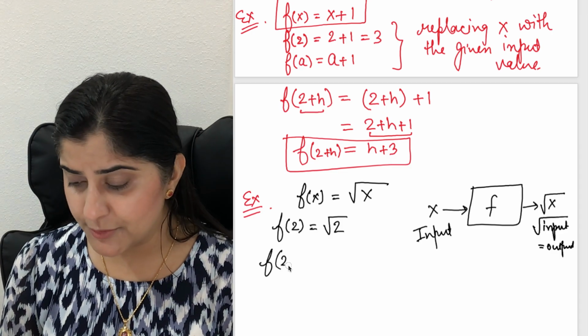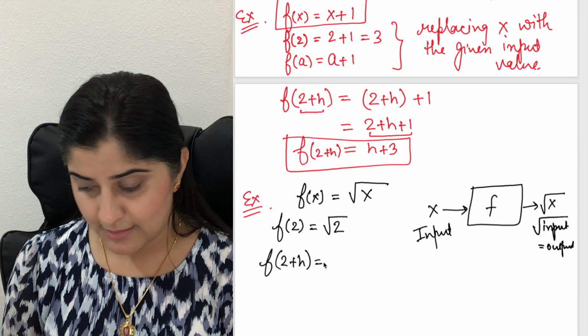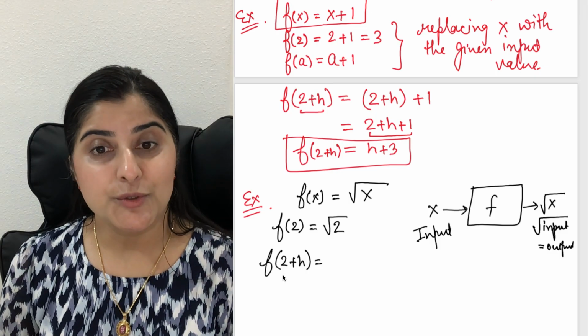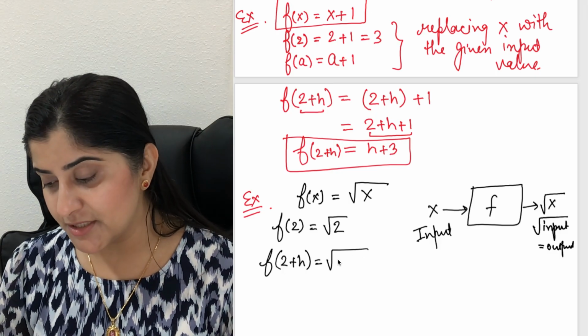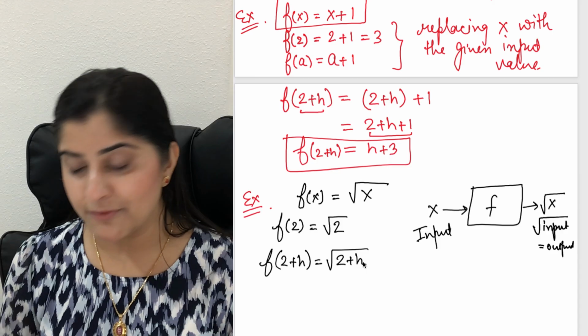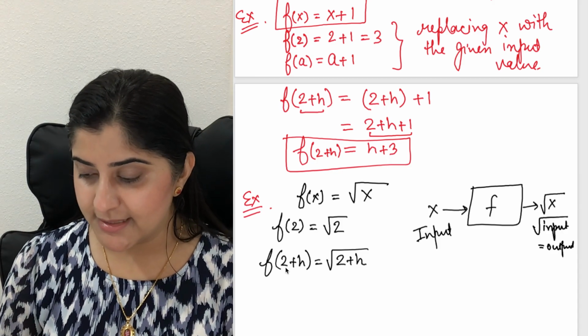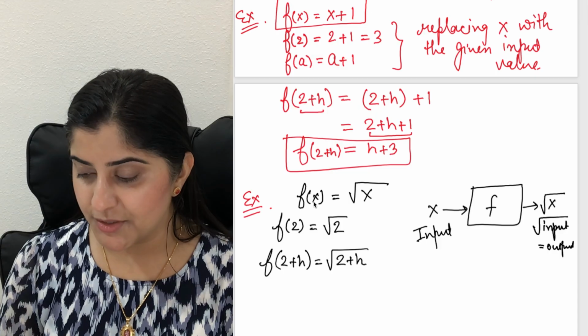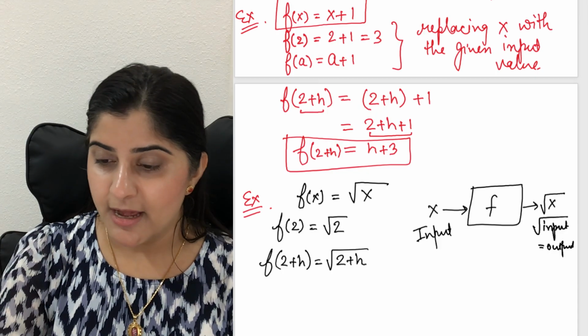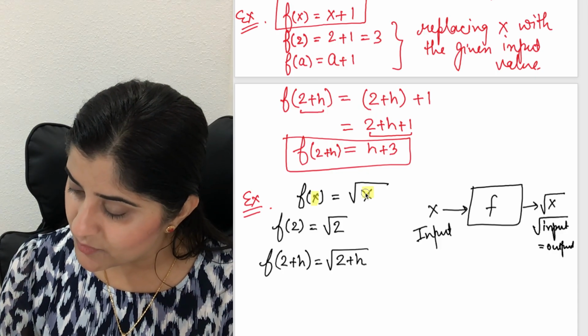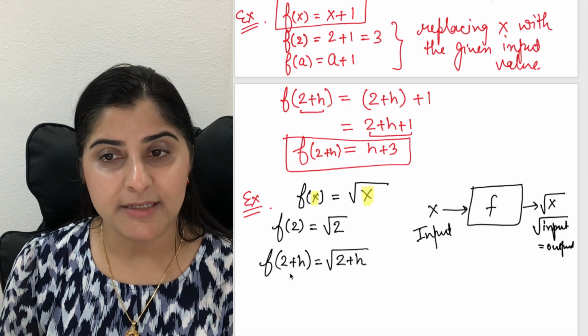Now what is f of 2 plus h? Now the whole input is 2 plus h, and the function just takes the square root of the input and gives you the output. In other words, we are replacing x with 2 plus h here as well as here. We are replacing all the x's with whatever the given new x value is.